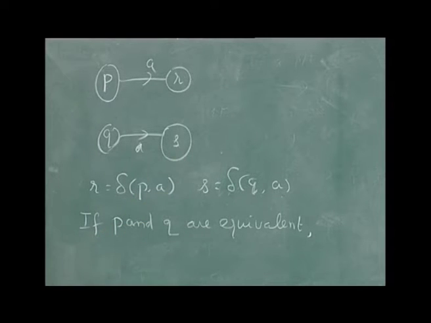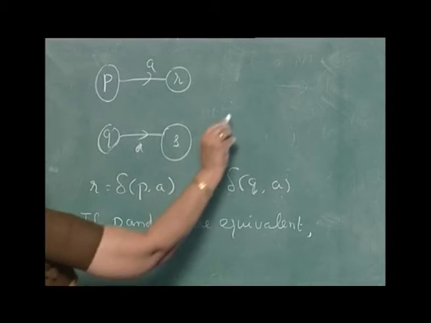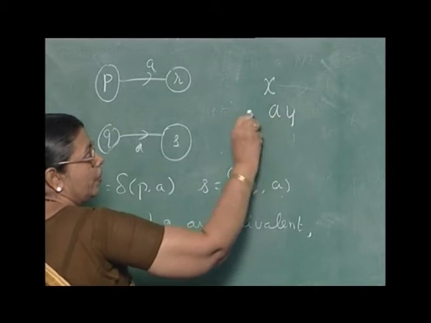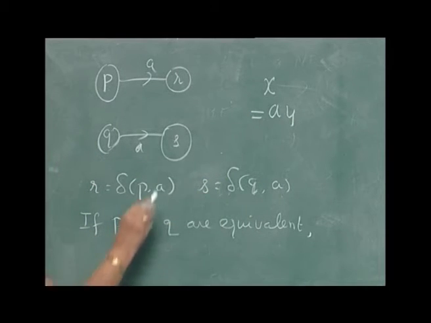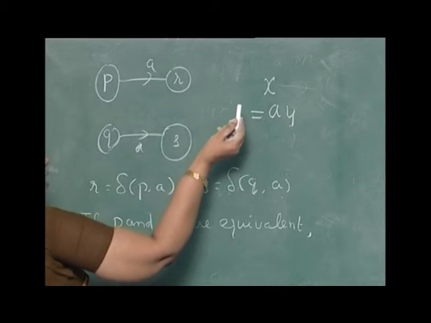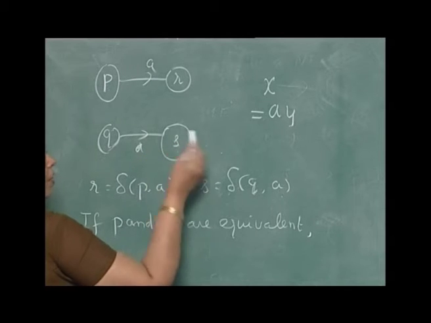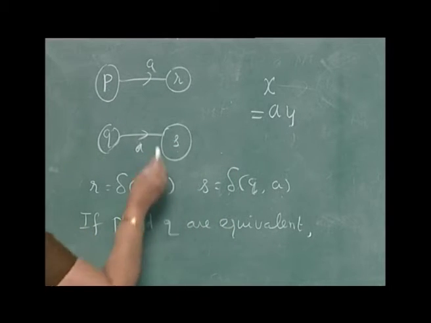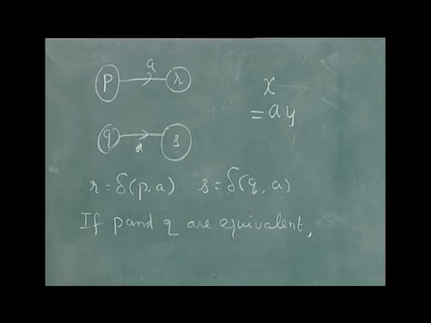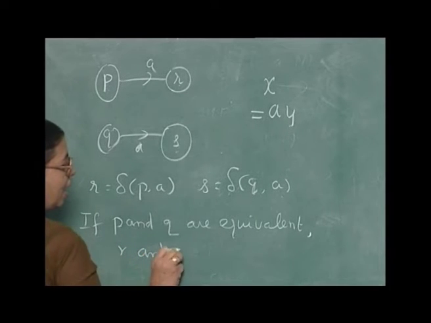Need not be the same final state, it can be different. And if it takes P to a non-final state, this also should be taken to a non-final state. That is true for any string x. If you consider a string of the form x equal to ay, then the string y will take R to a final state if and only if it will take S to a final state. And if it takes R to a non-final state, S also will go to a non-final state after reading y. So, if P and Q are equivalent, R and S are equivalent.